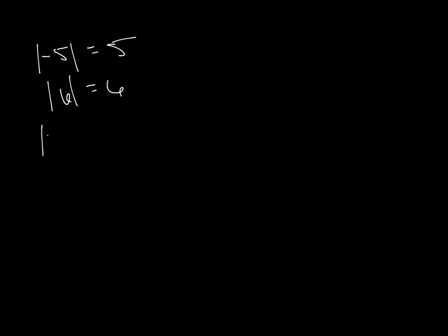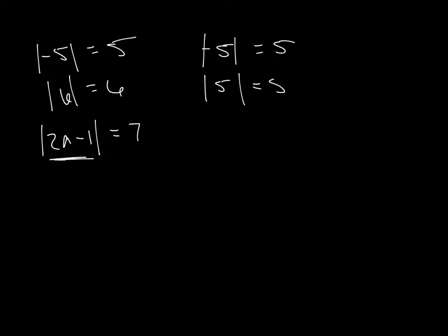If I ask what the absolute value of 2a minus 1 is, if that's equal to 7, then just like the absolute value of negative 5 and the absolute value of 5 are both 5, the absolute value of this is 7, but if I were to put a negative in there, we'd also get 7.